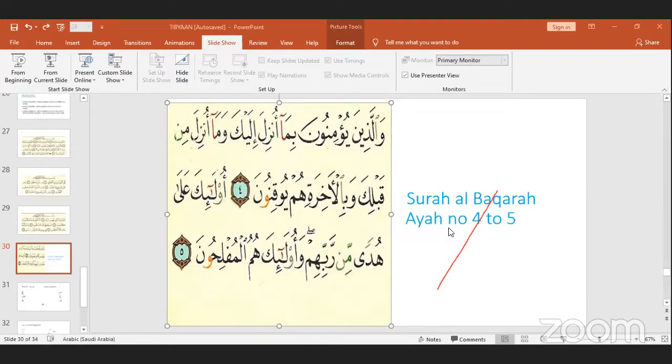Wabil akhirati. I'm sorry if you can see any lines on the share screen. If you can see any lines, I don't know what's happening. Maybe there's some virus in this laptop. It's actually someone drawing on your screen. Yeah, there's some pencil thing. Someone is using that. They can draw on your screen. But I'm not drawing anything.